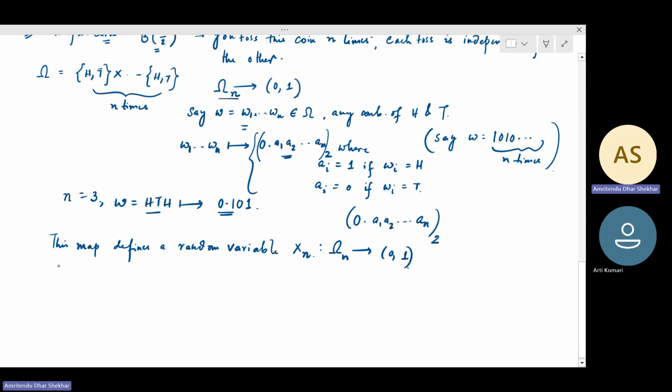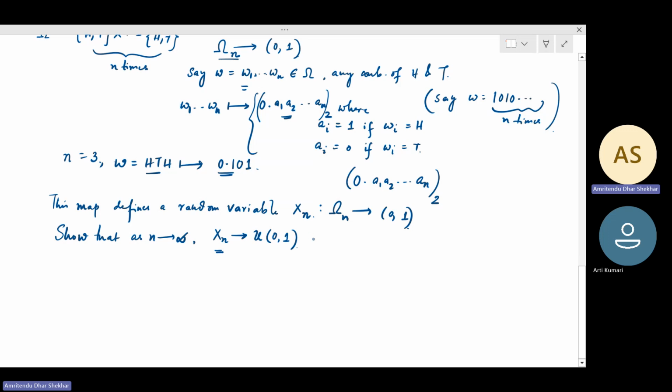Now you have to show that as n tends to infinity, the Xn's converge to the uniform distribution on 0 comma 1. In other words, the distribution of Xn, what this means, I should write over here, in distribution.